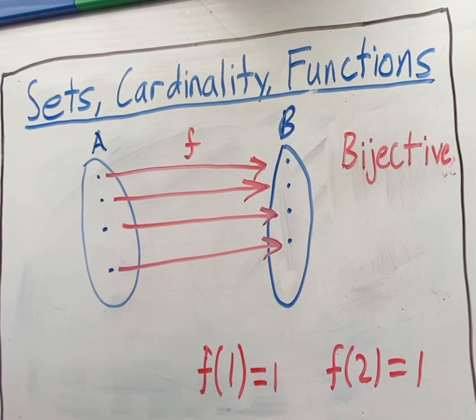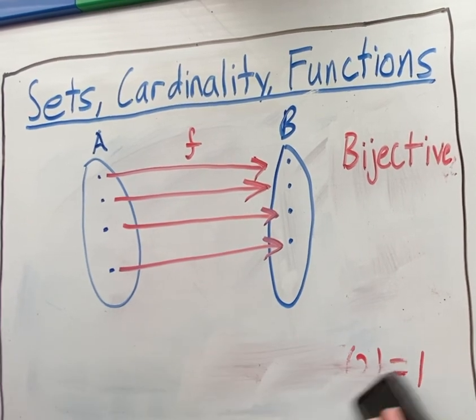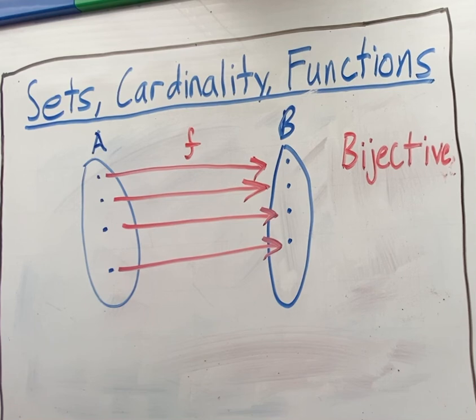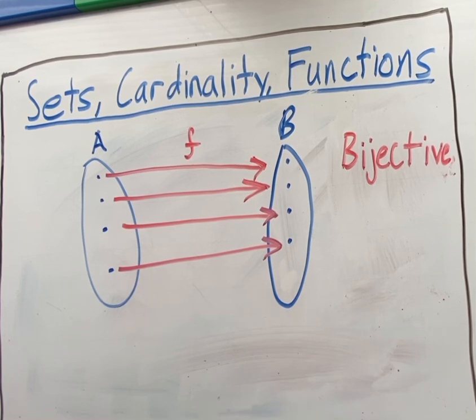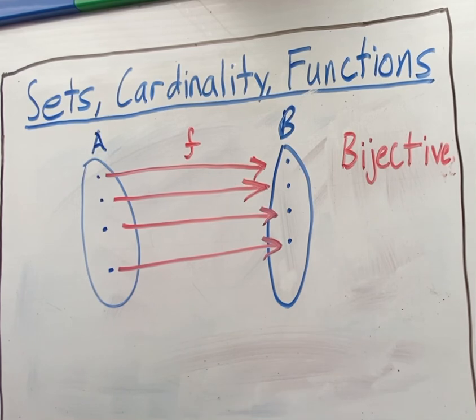So if we want to show that 2 sets have the same cardinality, then we just have to come up with a function which is bijective between the 2 sets. And if we want to show that they don't have the same cardinality, you have to prove that there's no bijective function that can map between the 2.